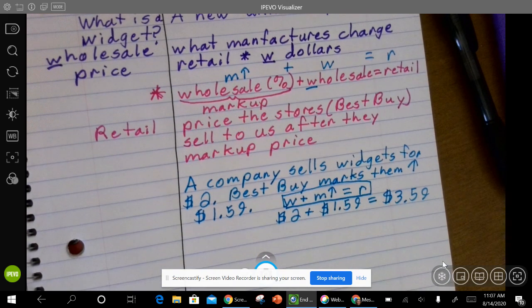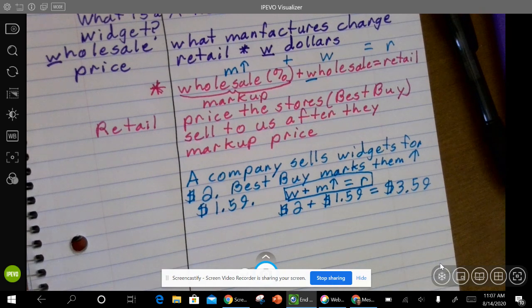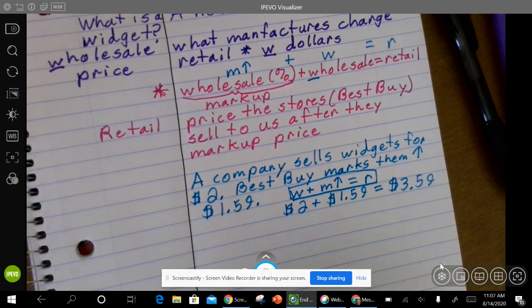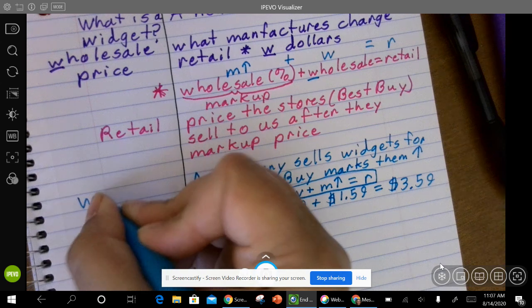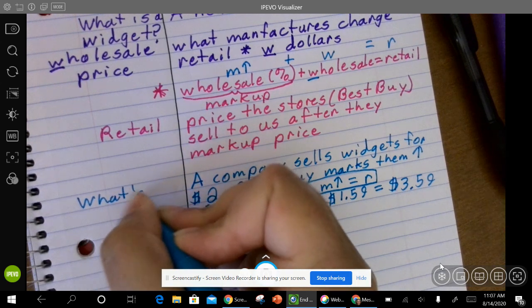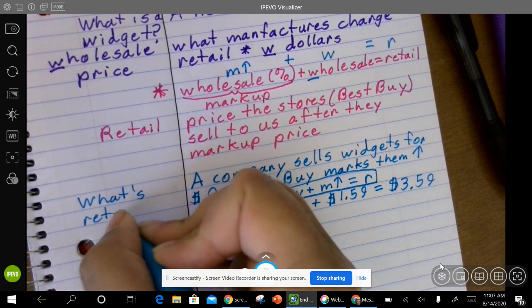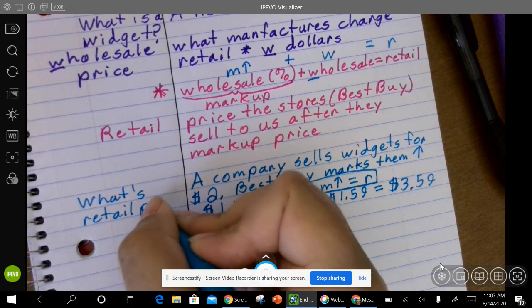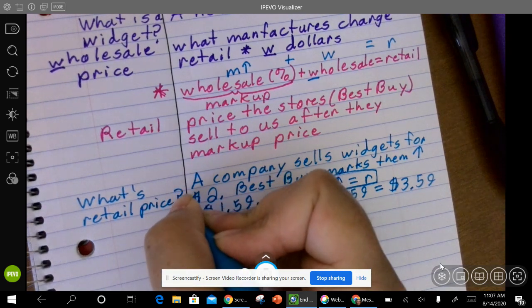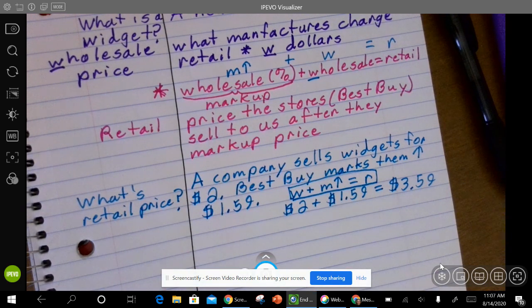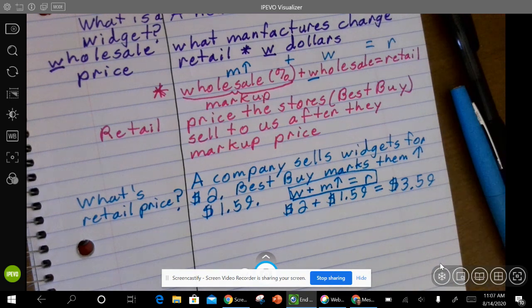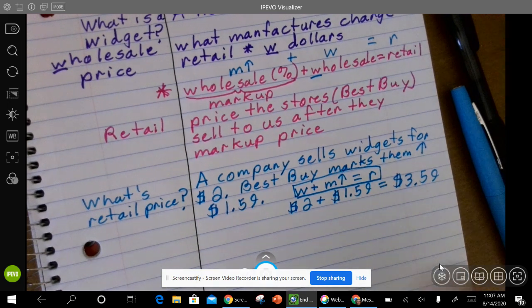Okay, well, what if we wanted to know, okay, what's the retail price, or the retail cost? Okay, so that's how we would calculate that. What if we wanted to calculate the markup percentage?